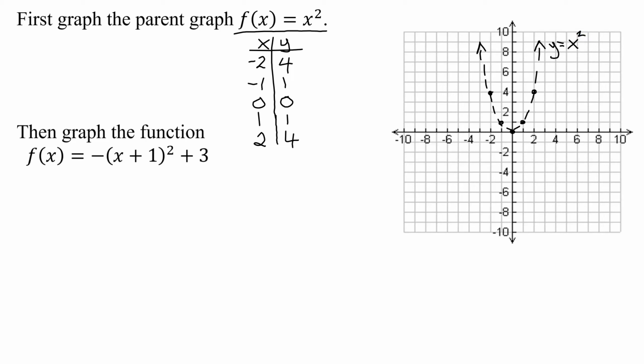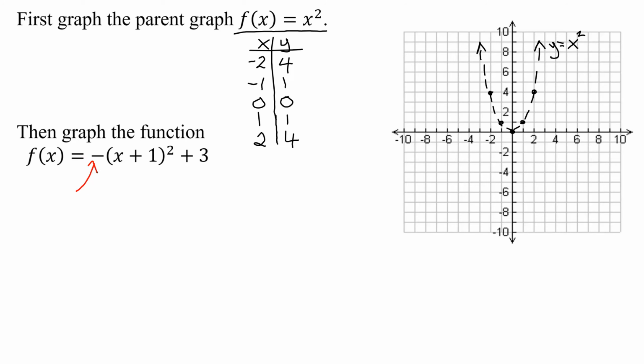And now we need to look at my function f of x. There are three separate things going on with this function. I have a negative outside, I have a plus 1 inside with the x, and I have a plus 3 at the end. So let's look at what each of these effects does.